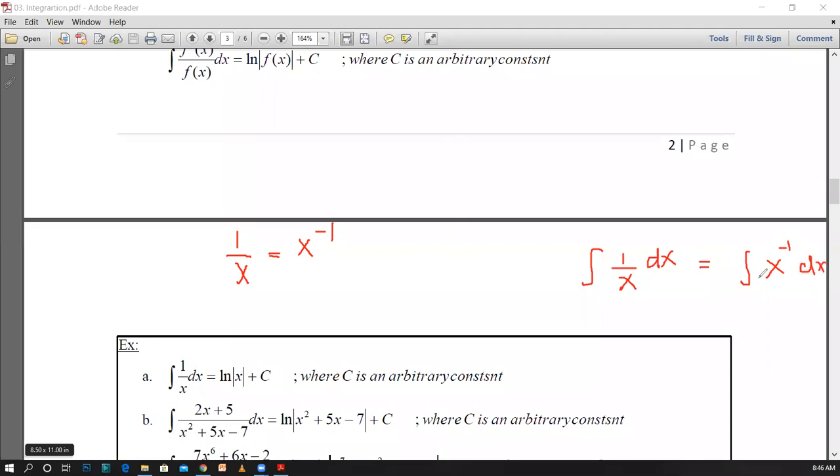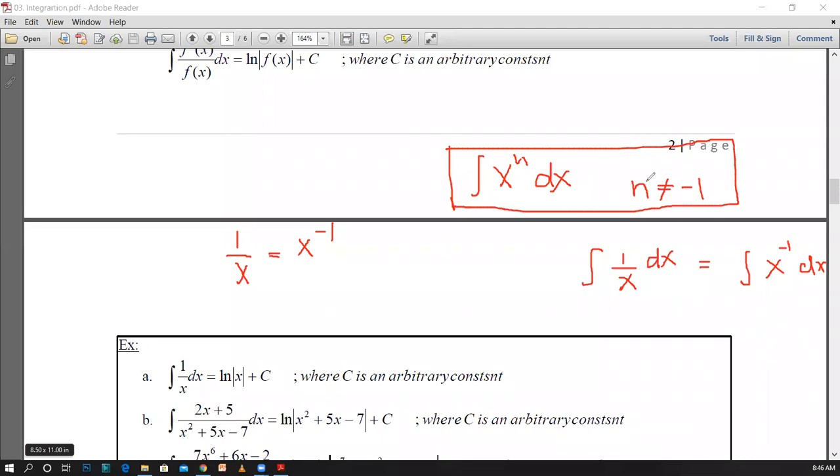Now you may understand why we used a condition called n does not equal minus 1 when we were using the form of the integral of x to the power n.